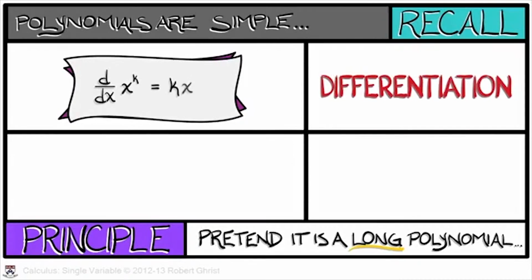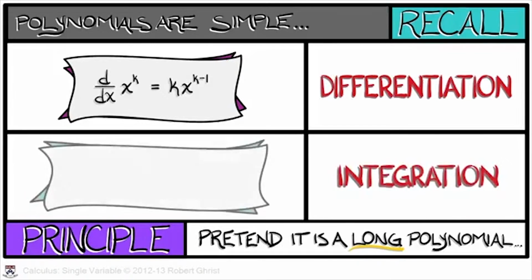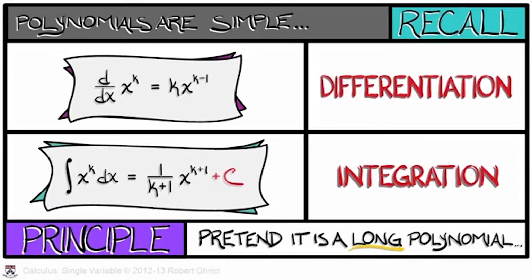Recall that when it comes to differentiation, the derivative of x to the k is k times x to the k minus 1. Likewise, the integral of x to the k is x to the k plus 1 over k plus 1. Don't forget the arbitrary constant, and don't forget that something unusual happens when k is equal to negative 1. Both of these properties should be familiar from your previous exposure to calculus.